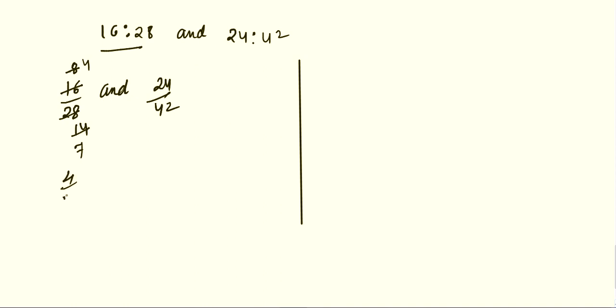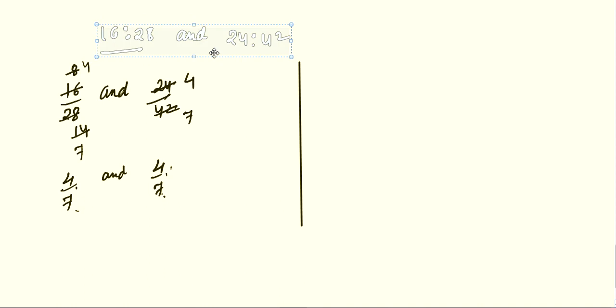So we got here 4 by 7 and 6 4s are 24, 6 7s are 42. Now as you can see 4 by 7 and 4 by 7 both are same. That means yes, 16 is to 28 and 24 is to 42, they are forming a proportion.